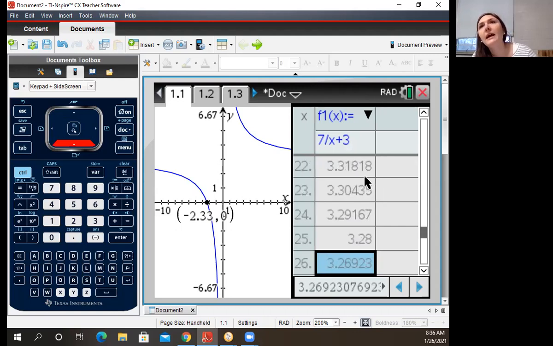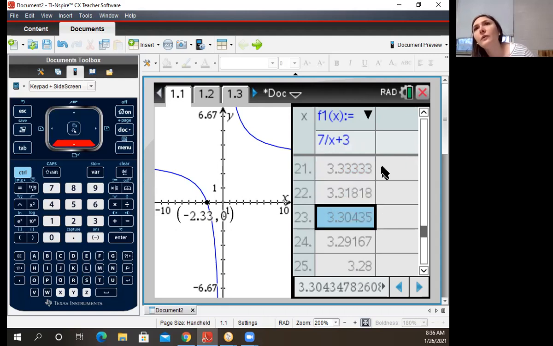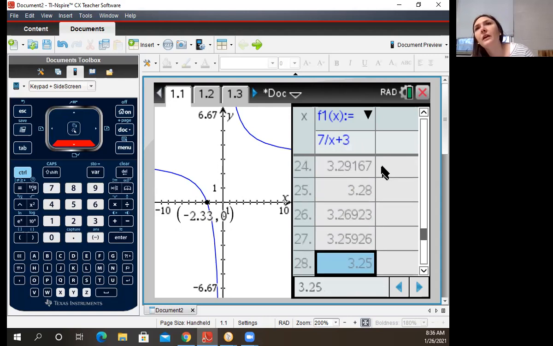Now I could take this the other way as well, scrolling, scrolling, scrolling. And now I'm looking at really big values, so values this way on my graph. At 20, we're at 3.3 repeating, and we're going down this time: 3.31, 3.30, and just above 3.17, 3.14.